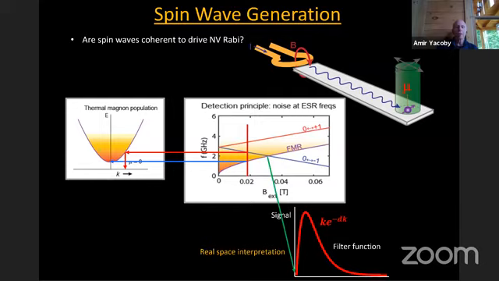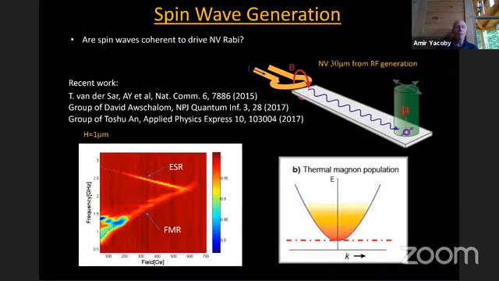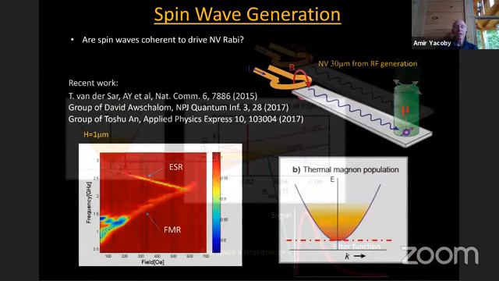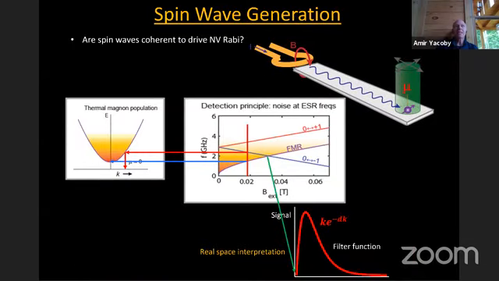Note that at large magnetic fields, when the ESR transition of 0 to -1 goes below the ferromagnetic resonance, we don't see any signal anymore. Once the ESR line crosses the ferromagnetic resonance, we can't see anything anymore. And the reason is that under these conditions, the NV center is sensing in the gap, and there are no magnons in the gap. So that's a very nice confirmation.